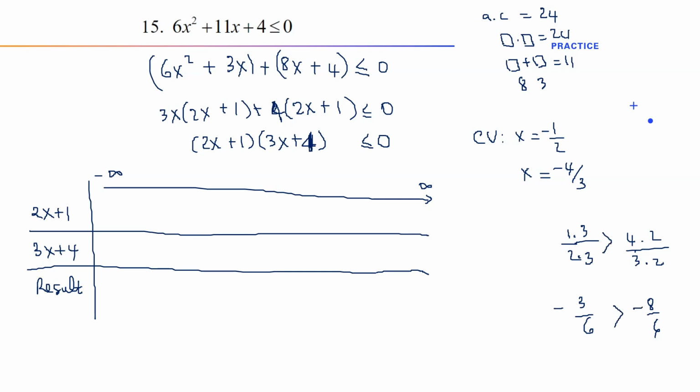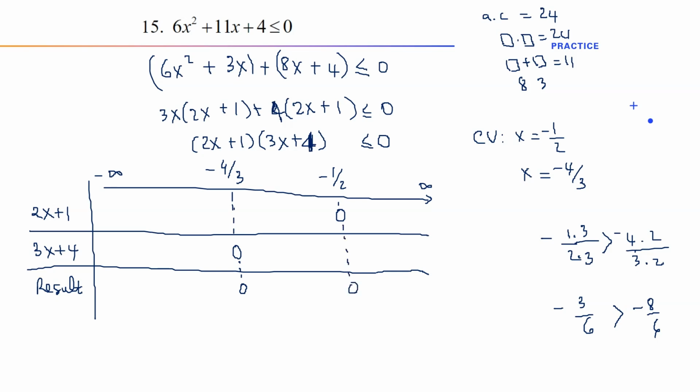So negative 1/2 will be bigger than negative 4/3. This one will be 0 here, and this one will be 0 here.